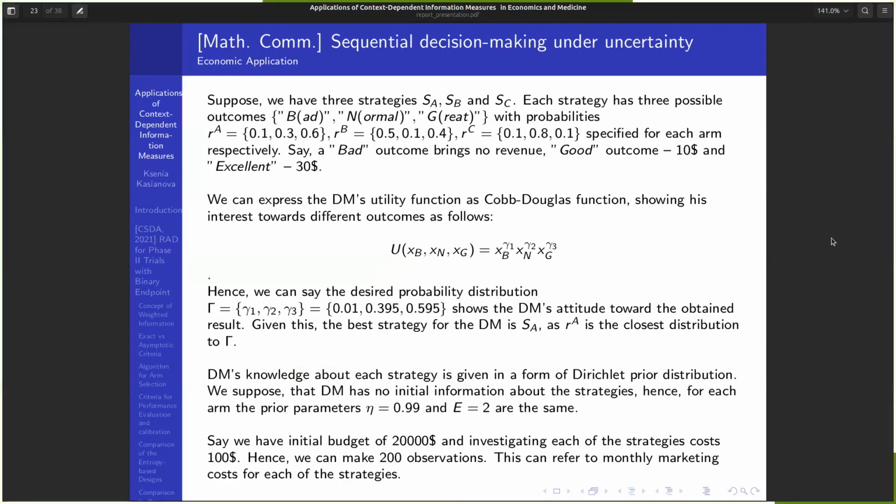Next, here I will quickly give a possible application of this method to an economic problem. And here, for example, we can have 3 different strategies, investment strategies, or, for example, strategies related to selling a good.